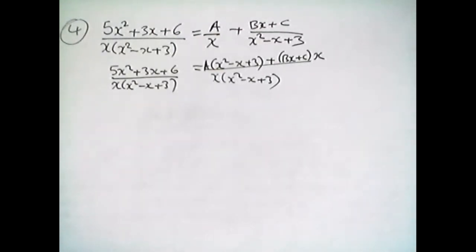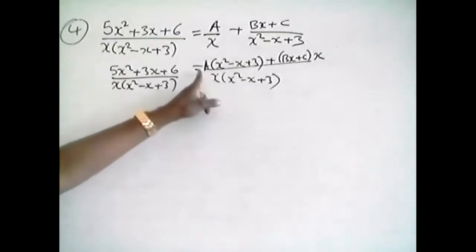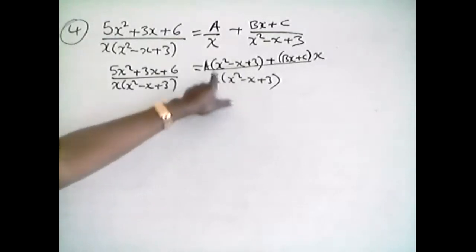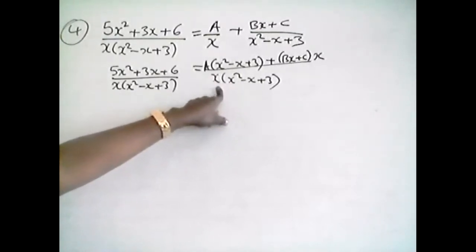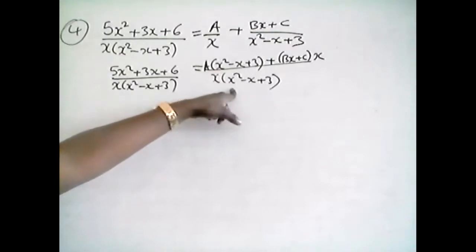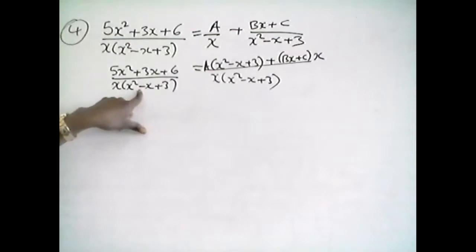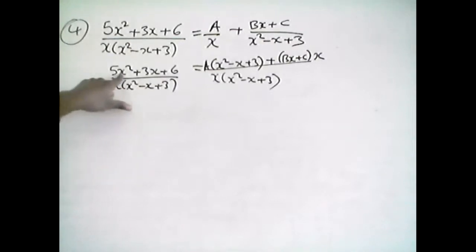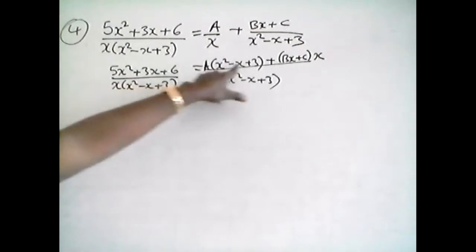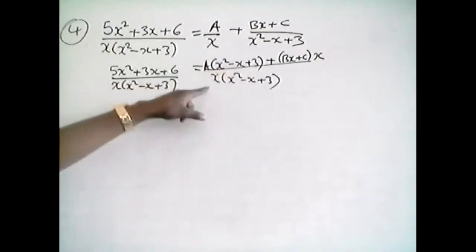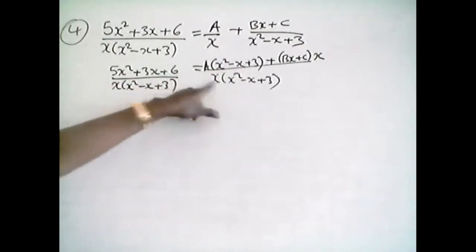So when you cross multiply, when you multiply on both sides by the reciprocal of this, you are going to discover that this part will vanish, even this part will vanish, leaving us with just the numerators, this part and that part. When you do your calculations, you will discover that this and this will vanish.